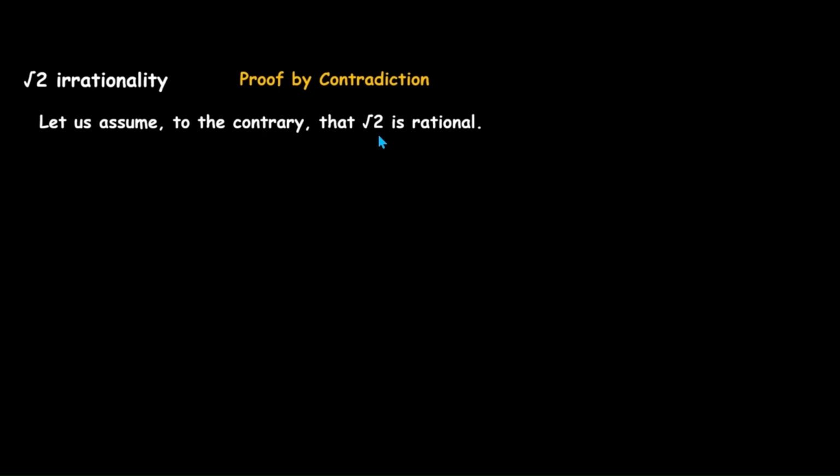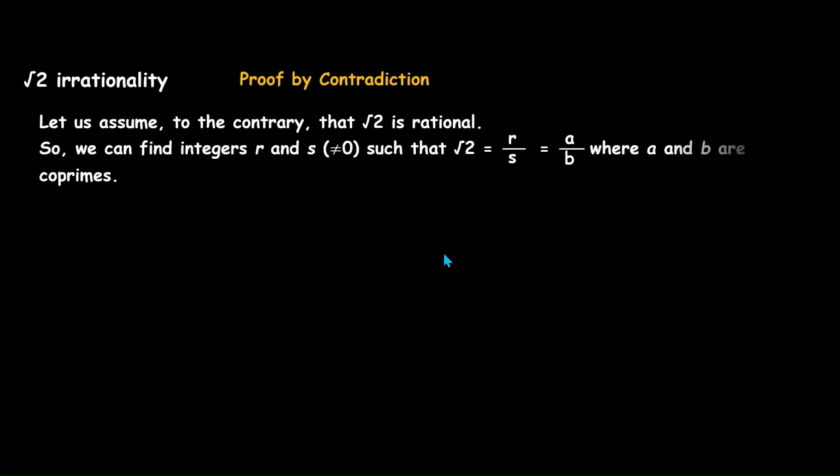And in order for root 2 to be a rational number, it must be expressed in p by q form, as we have seen earlier in the video. So let's pick r and s as the numbers instead of p and q as per the book. So root 2 can then be expressed as r by s.